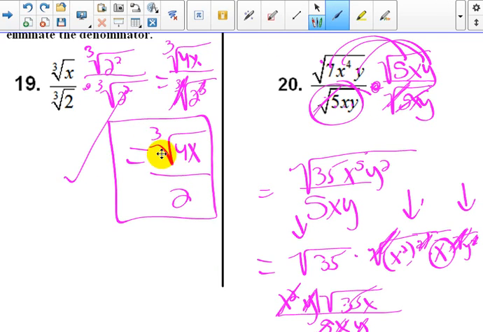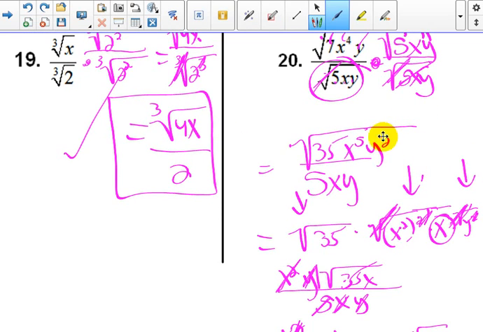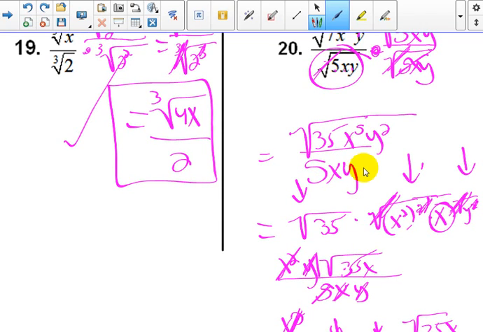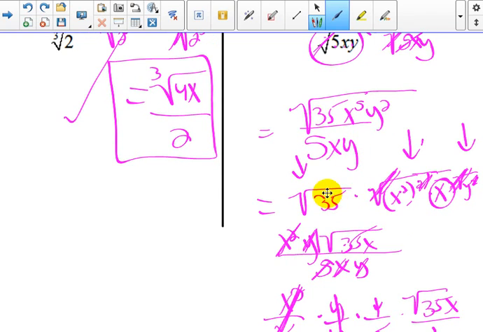Oh, I left my pause on when I finished the problem, so I'll just scroll down and show. I don't know at what point I left off, but when you simplify this, 35x to the 5th y squared over 5xy, well, breaking it up, the x to the 5th becomes x squared squared times x, and y squared is square root of y squared.